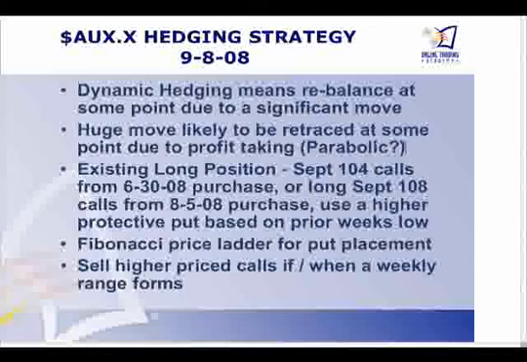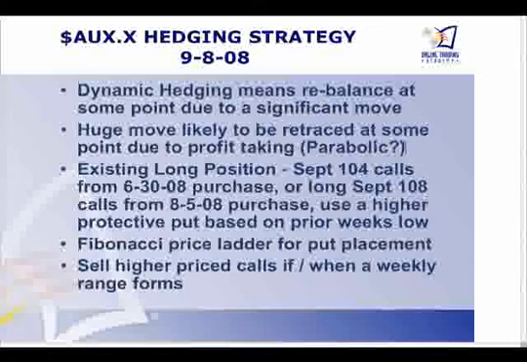And so to try to protect that, I would have to rebalance due to a significant move, similar to the move that you saw on the prior chart. But again, I'm always worried after a big move like that I'm going to set myself up for some kind of a parabolic profit taking. Okay, so my existing position, either I have the September long calls from the 630 purchase, or I'm long the September 108 calls, or I might have actually used even a later strike if I wanted to.